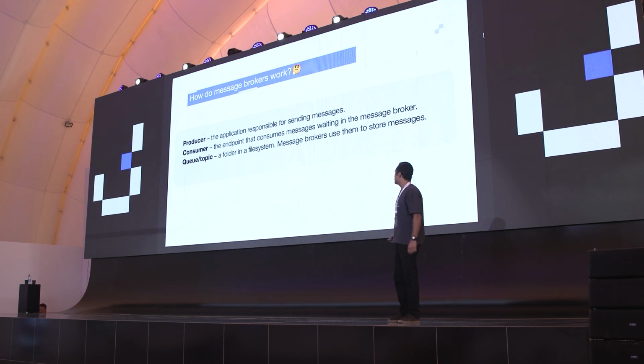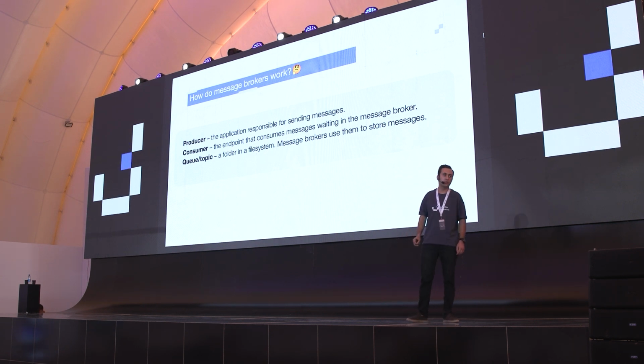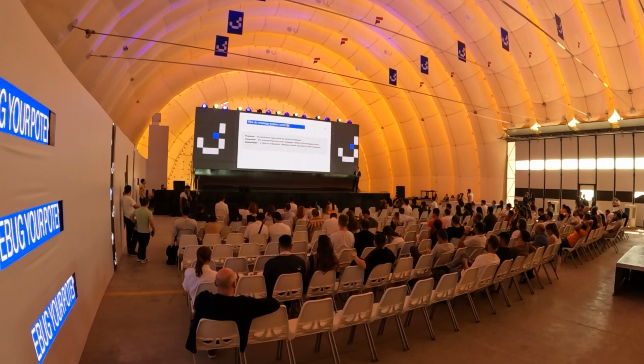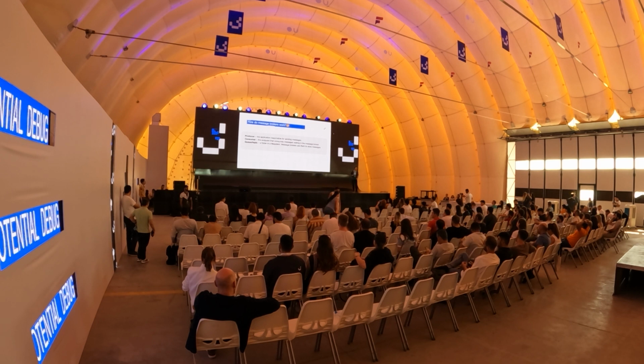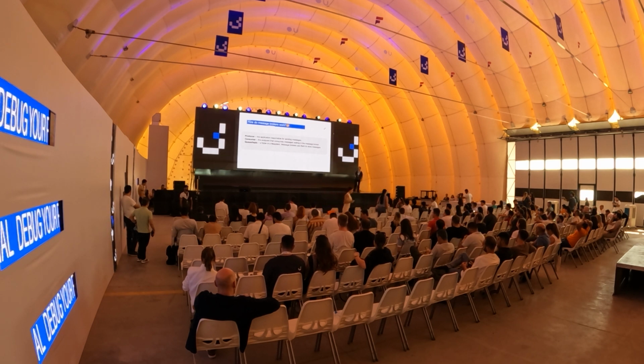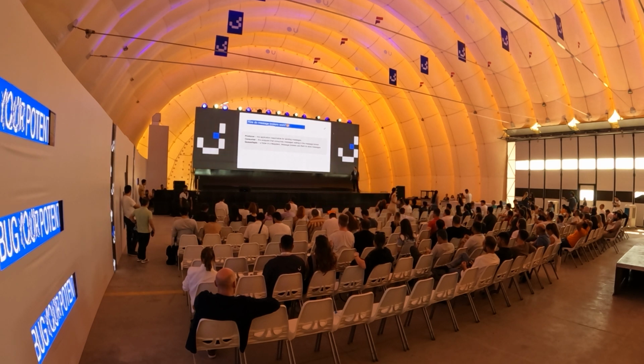And how do message brokers work? There are three participants in this game: producer, consumer, and queue or topic. Producers are the applications that are responsible for sending messages, and consumers are the endpoints that are receivers of those messages. And the queue or topic is something like file system or folder where the message brokers can store data.